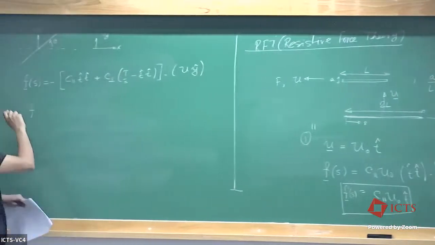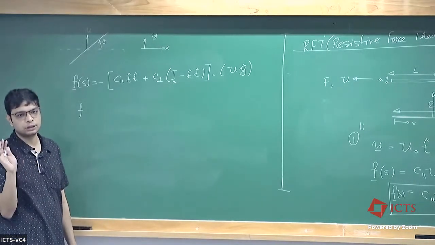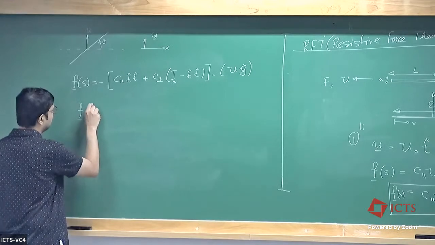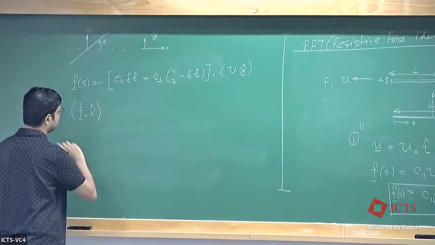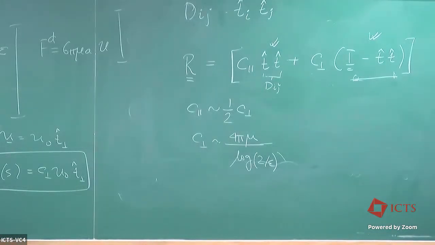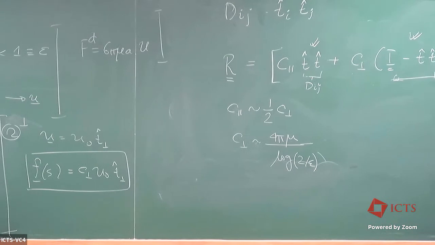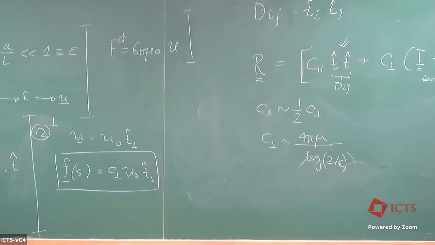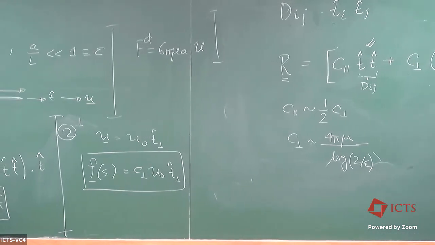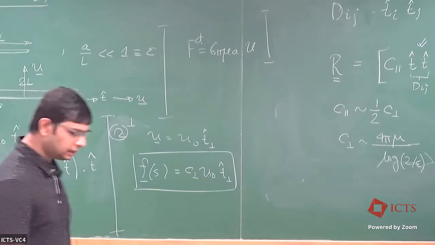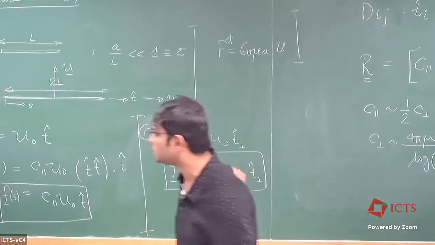So force is a vector. It will have components in both the x and y directions, but I will just tell you about this. So this is sort of an interesting or strange result.